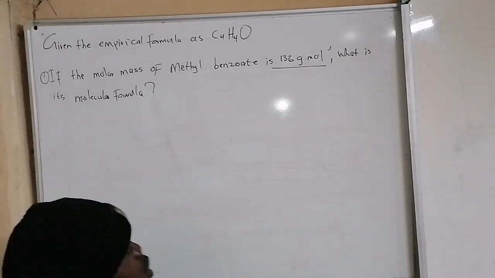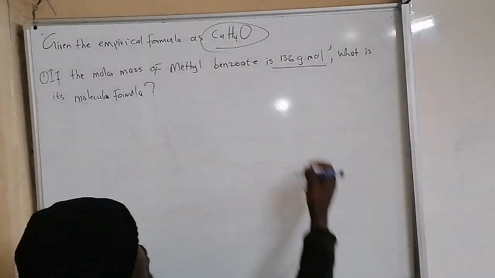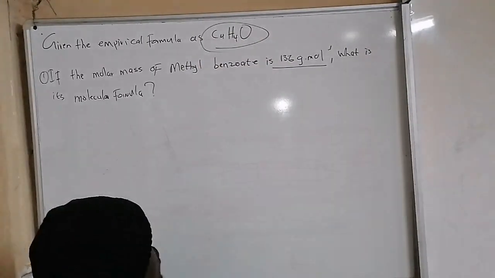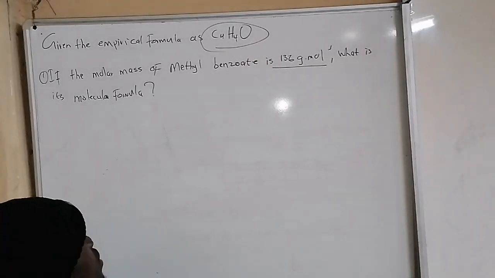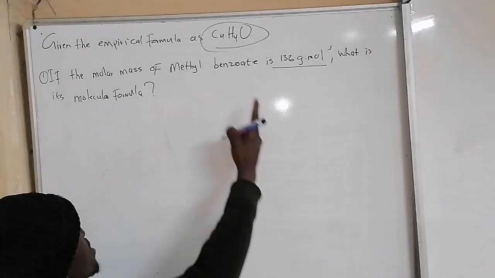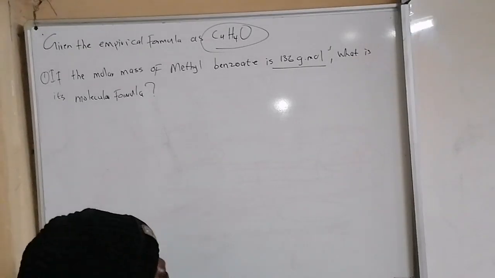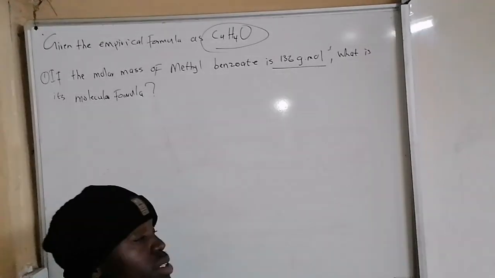Now you need to find the molar mass of the empirical formula. Then you divide the molar mass of the molecular formula by the molar mass of the empirical formula. Then you multiply that answer with the subscripts of the empirical formula, and you get your molecular formula.